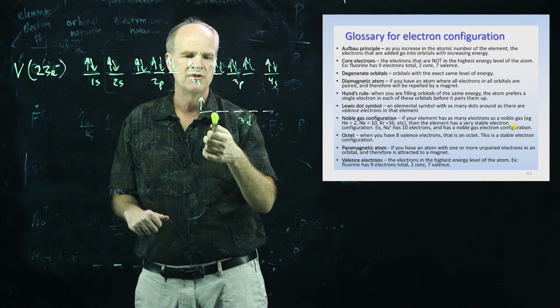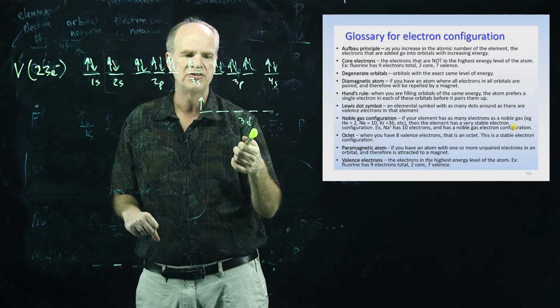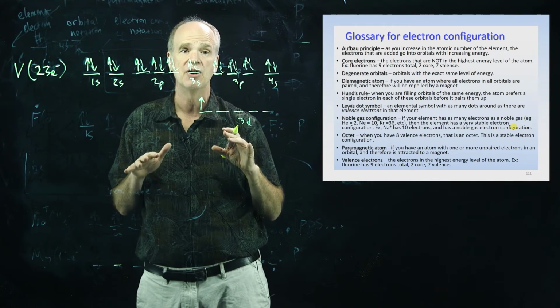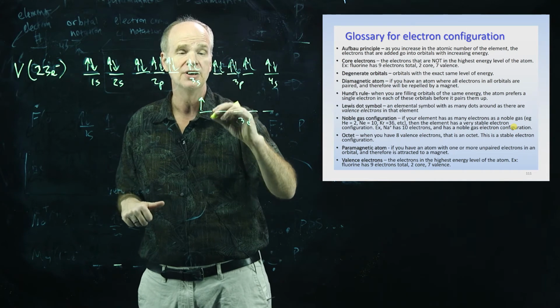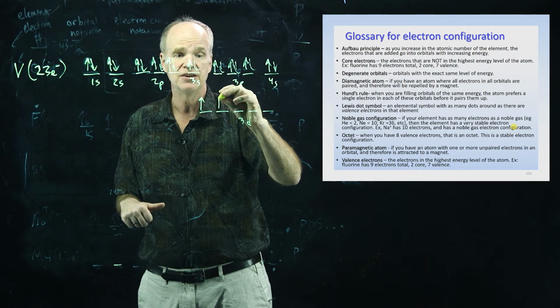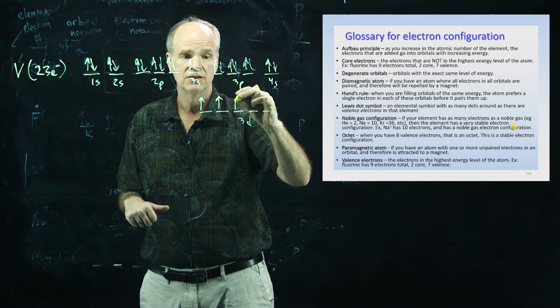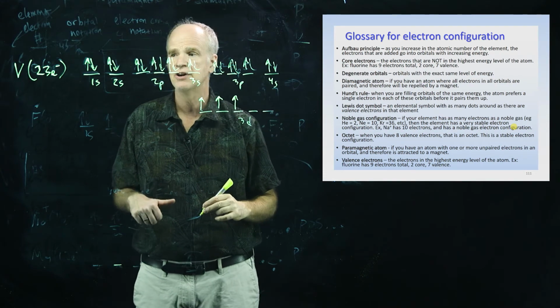Well, remember that these 5 orbitals here in the d sublevel have exactly the same energy. They're degenerate orbitals, and so Hund's rule applies, and so we put the 22nd electron here, and then the 23rd electron goes here. So this is a correct configuration for vanadium.